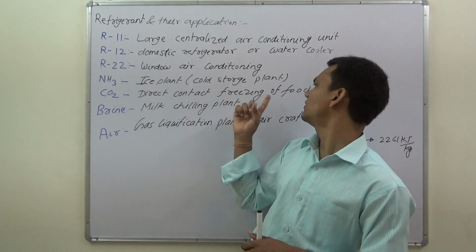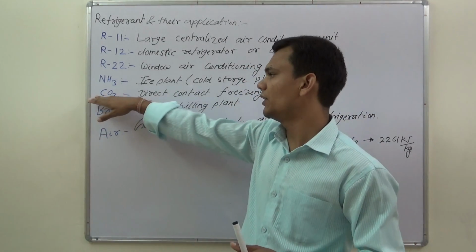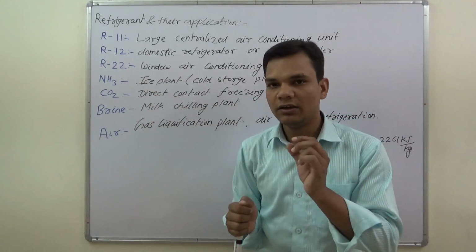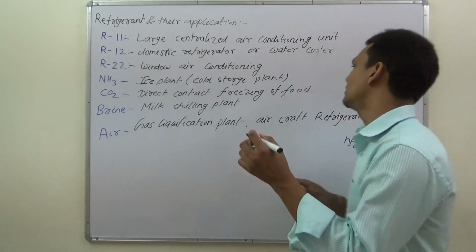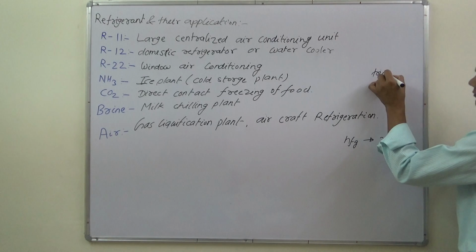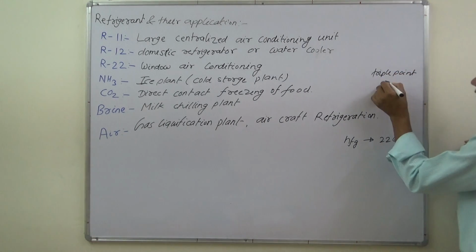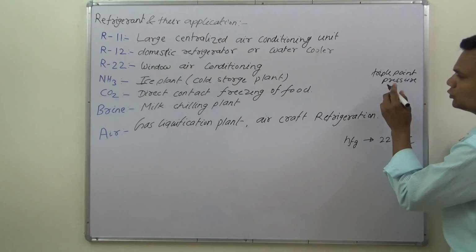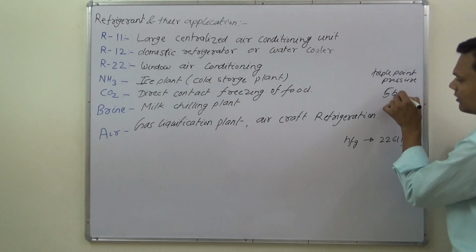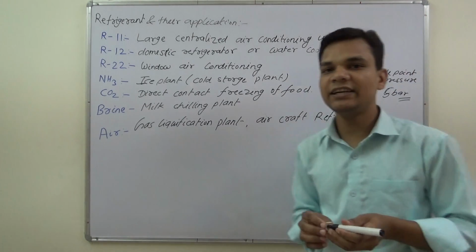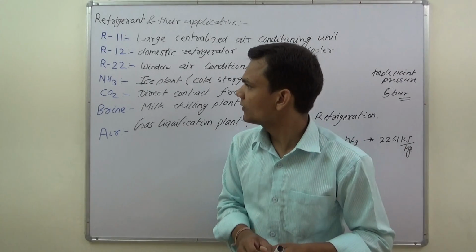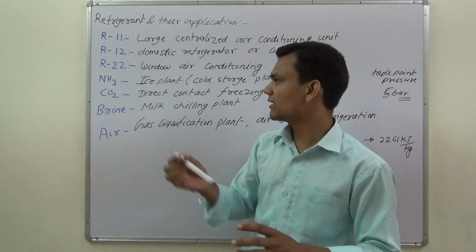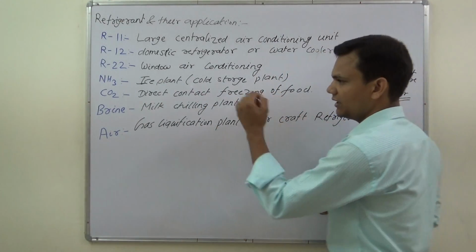CO2 is used for direct contact freezing of food. We use CO2 for direct contact freezing of food because the triple point pressure of solid CO2 is 5 bar, but we use it at 1 atm, so sublimation of CO2 takes place, so there is no water molecule present in this CO2.